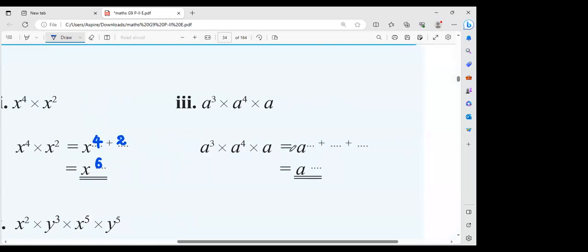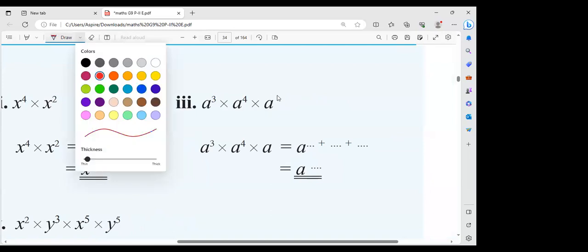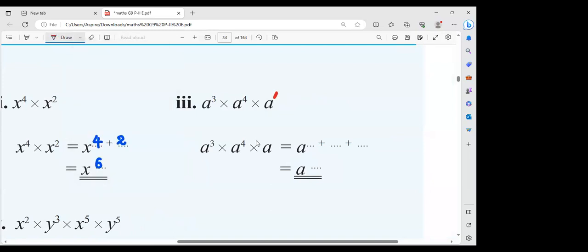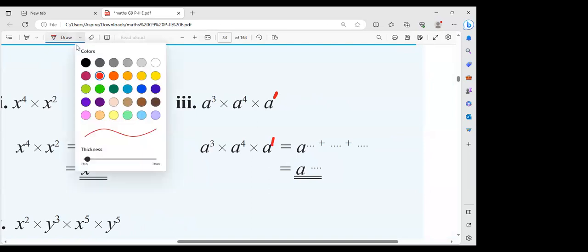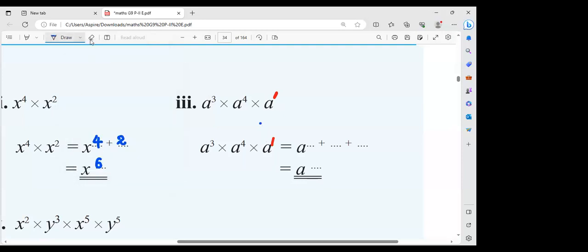Then in the third one, here it is a particular instance where no index is there. In such cases, put the index. Then you know that you have to add the indices of the bases.